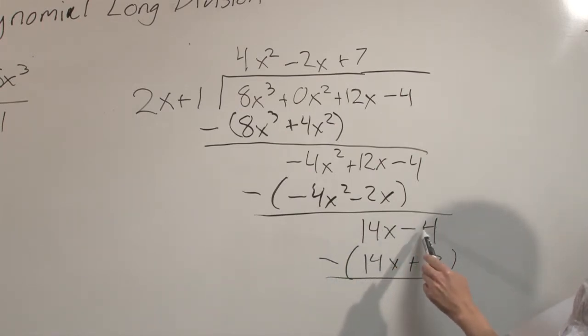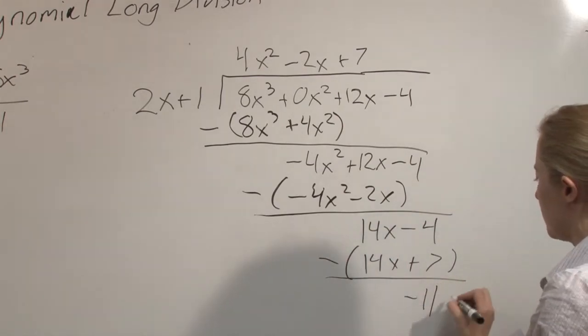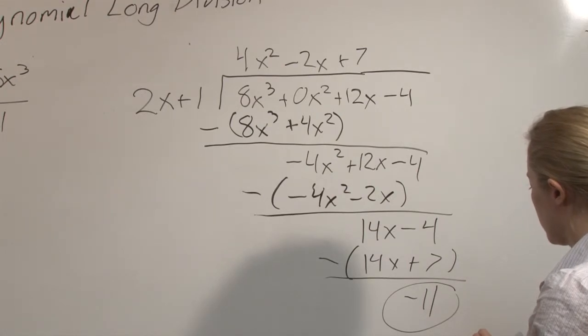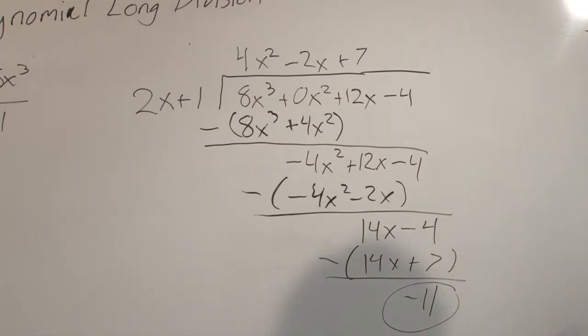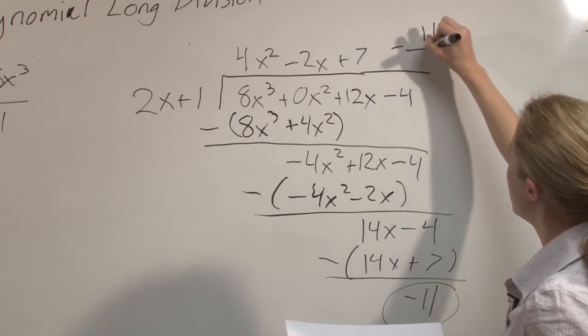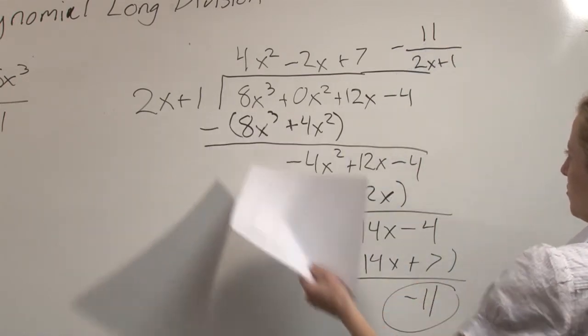And I'm going to do negative 4 minus 7, which is negative 11. So this here is my remainder. So in my answer, I'm going to have minus 11, and then it's going to be divided by 2x plus 1.